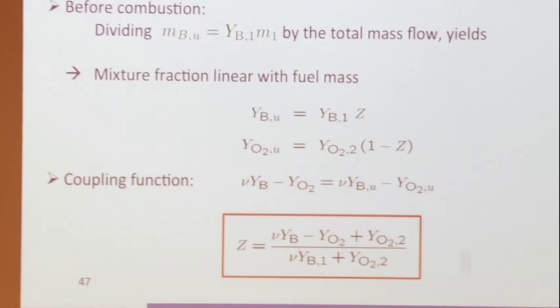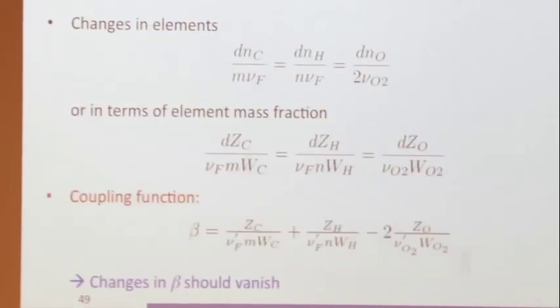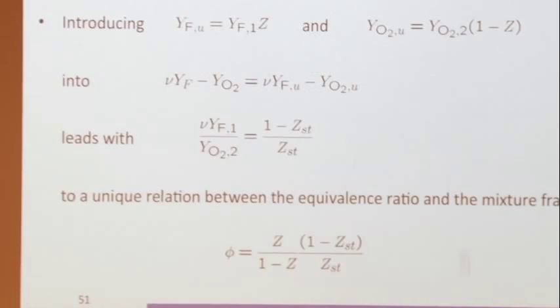If you measure these exactly at stoichiometric conditions, then these should be 0, and you get the stoichiometric value. Go back to this here: if I measure the stoichiometric value, z equal to z stoichiometric, you see phi is equal to 1. Okay? So this is all consistent.